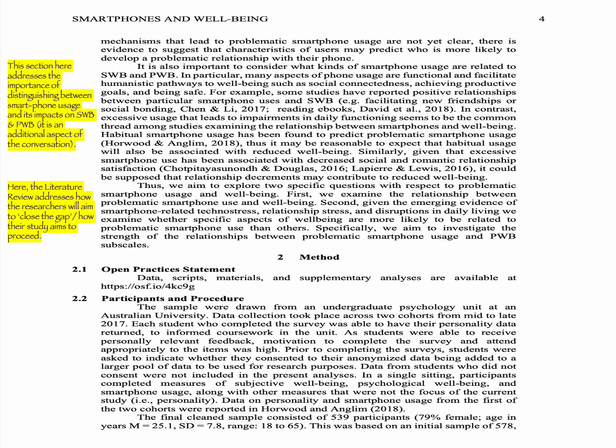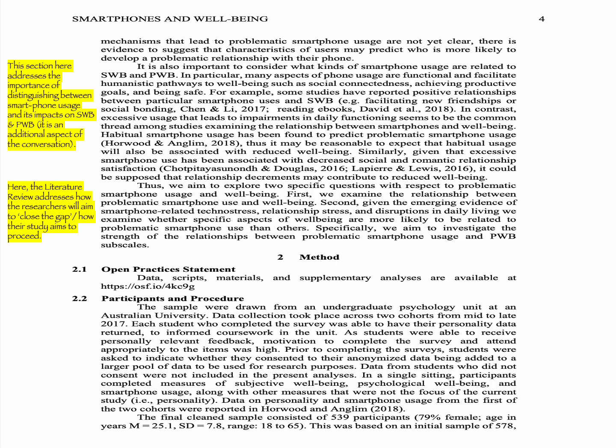And then look what we do towards the end of the literature review, in that last sentence there. Thus, we aim to explore two specific questions with respect to problematic smartphone usage and well-being. First, we examine the relationship between problematic smartphone use and well-being.